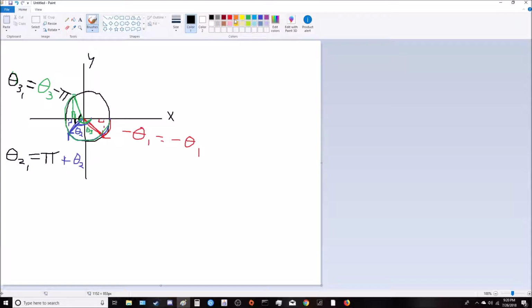And finally, what about a rotation that lands us in the first quadrant? There's our right triangle. There's our arc.